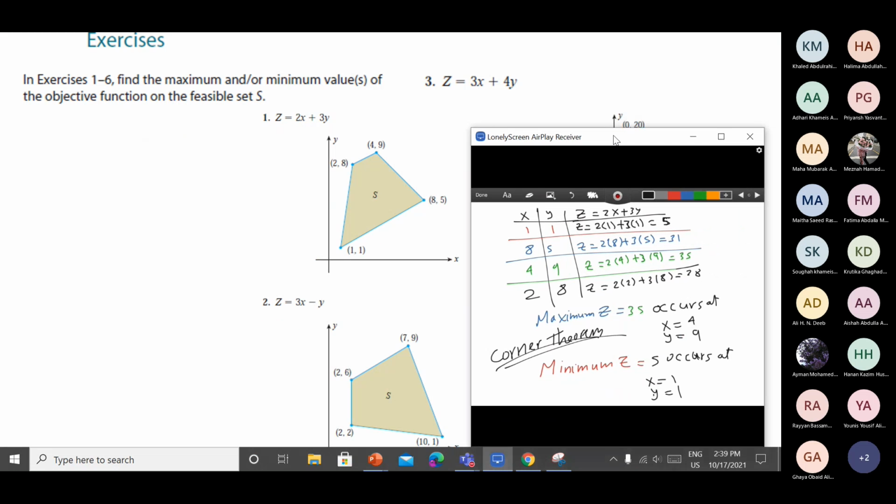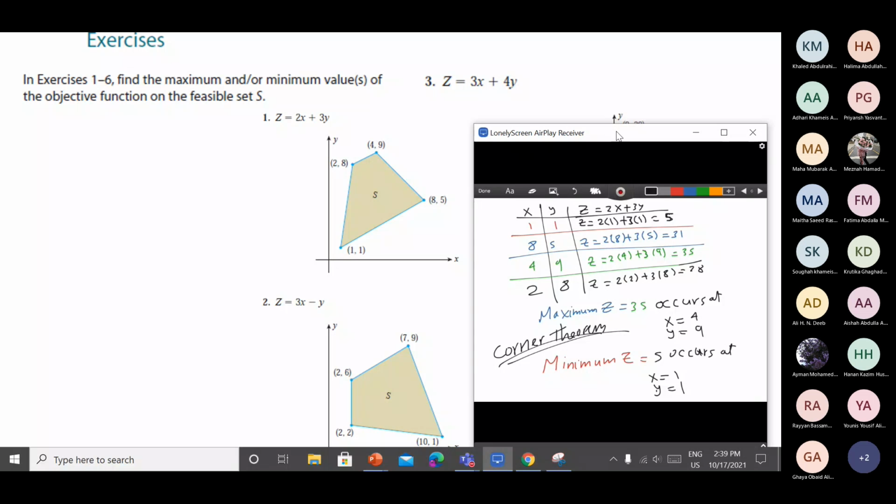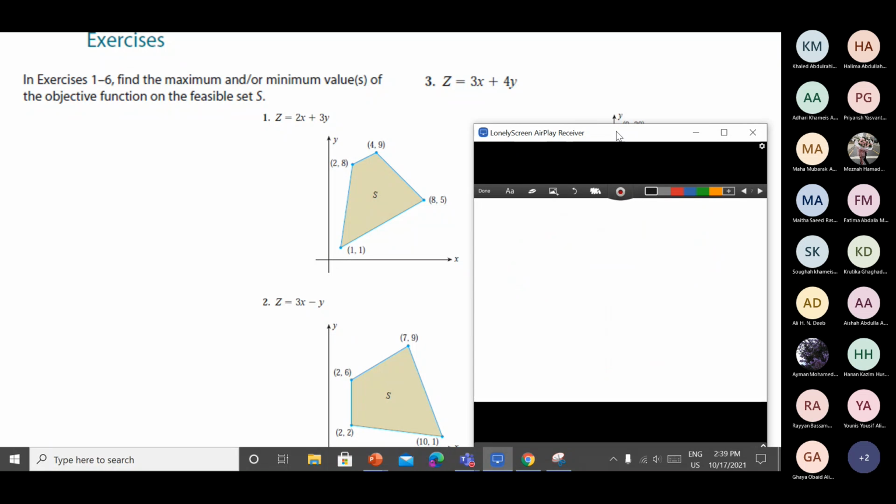Number 2. Again, I'll make a table. This is X, this is Y, this is my Z, given to me as 3X minus Y. The first point is 2 and 2.